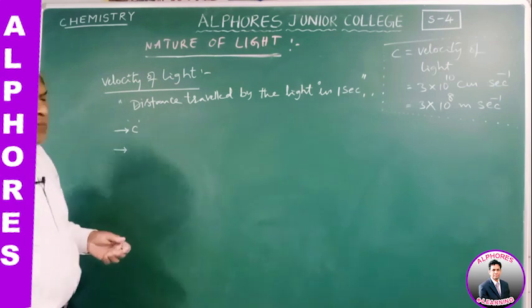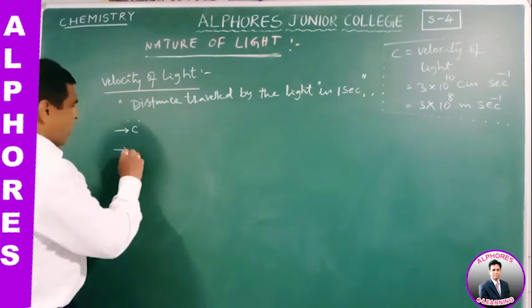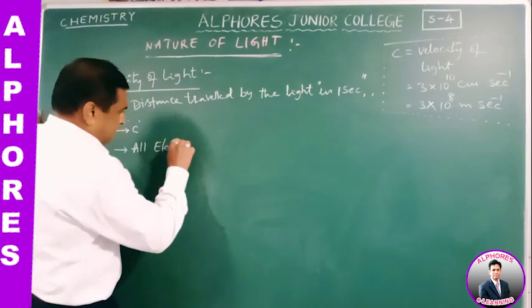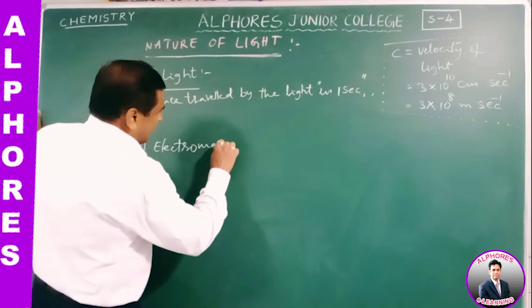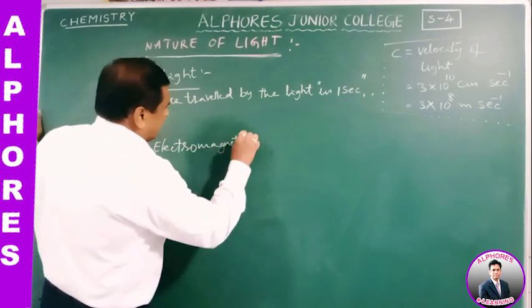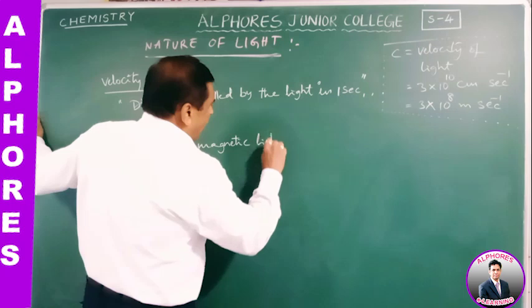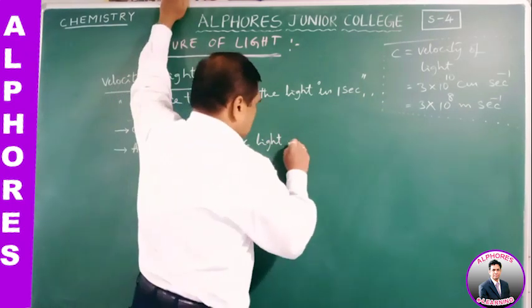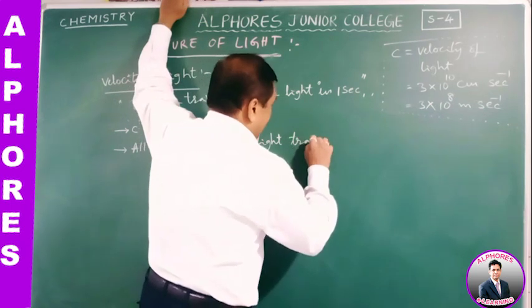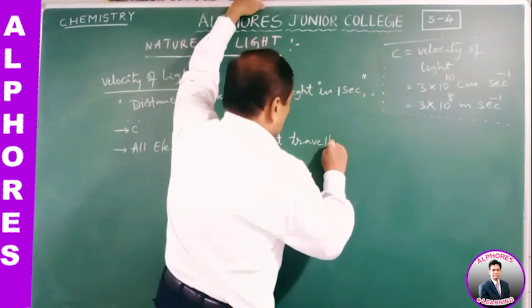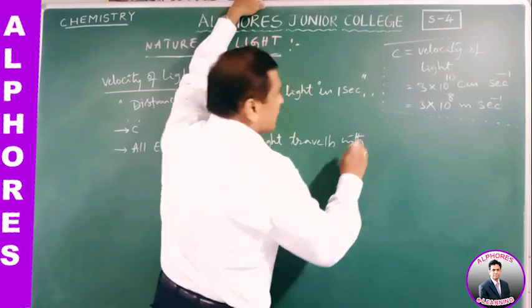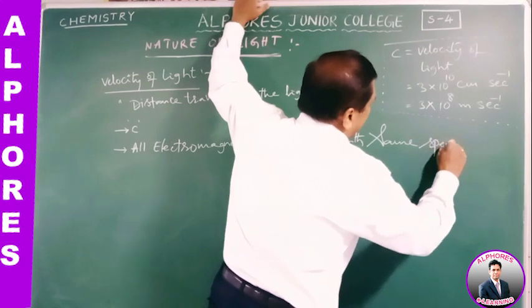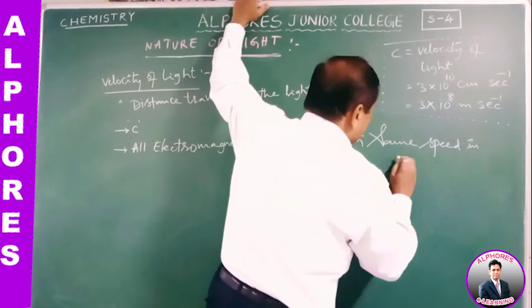So all electromagnetic light travels with the same speed in vacuum. Remember, that is important.